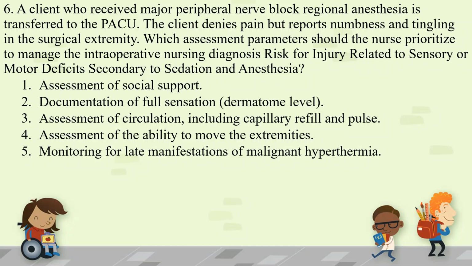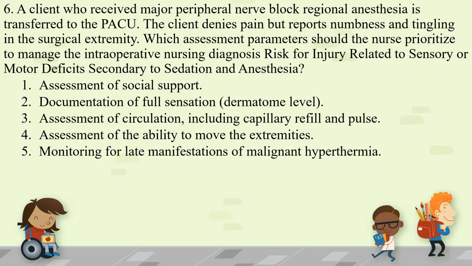Number one, assessment of social support, relates to the preoperative nursing diagnosis of self-care deficit. And number five is related to complications of general anesthesia, and of course not regional anesthesia. So the best answer for number six is two, three, four.